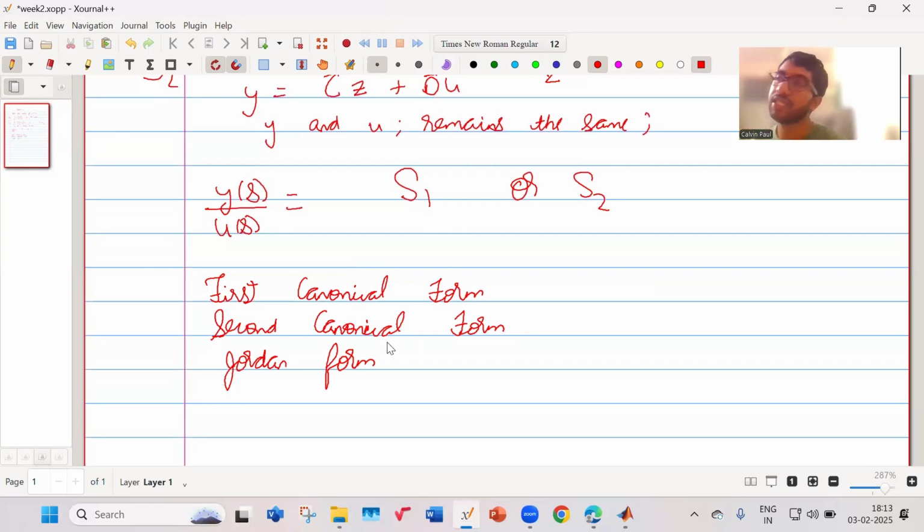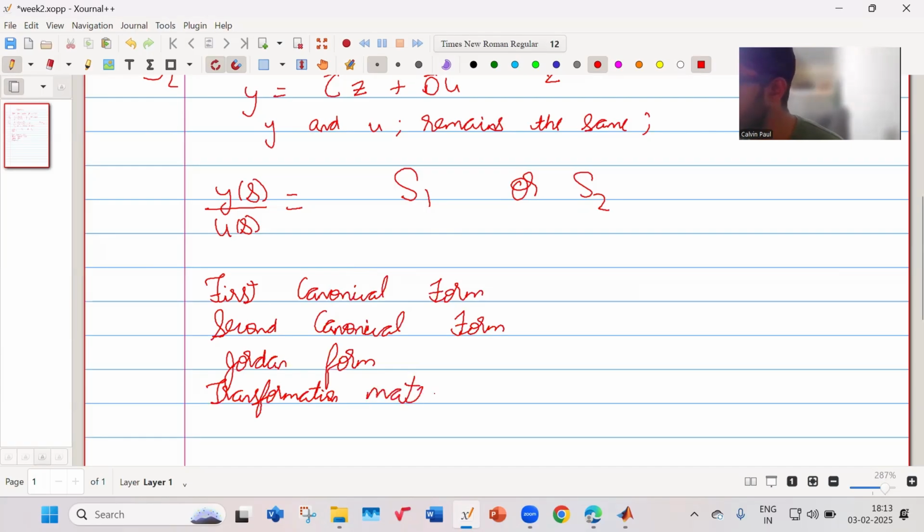Also, there are ways in which we can convert one form into another form using a transformation matrix. There's something known as a transformation matrix, which we can use to convert one representation into another representation. All right. So all this was taught by Sir.